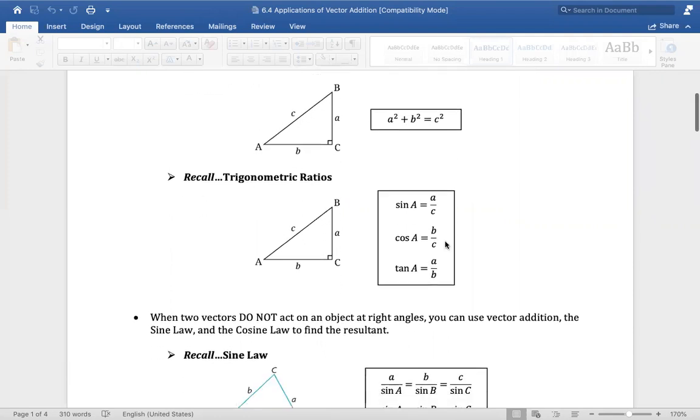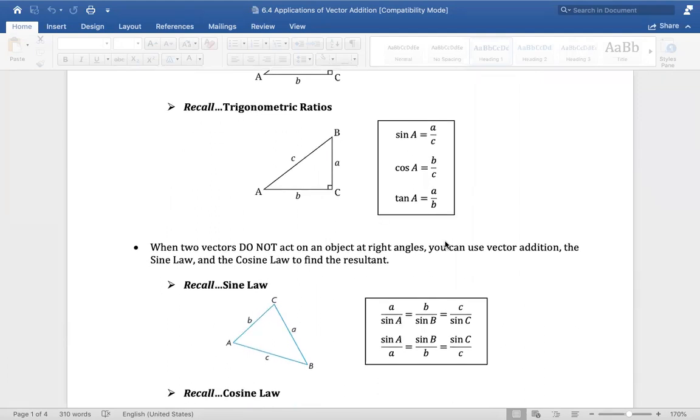And for trigonometric ratios, obviously we're talking about angle A here. I would teach my class and say, pretend there's a little version of you standing in there. So I'm standing in angle A. The sine of A would be equal to little a over little c, meaning this side over this side.